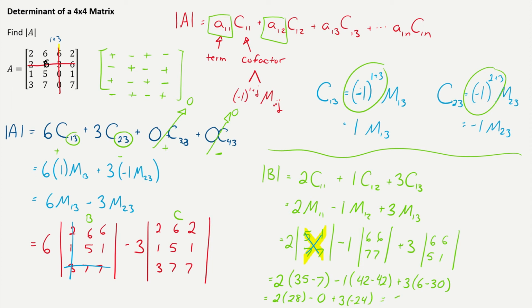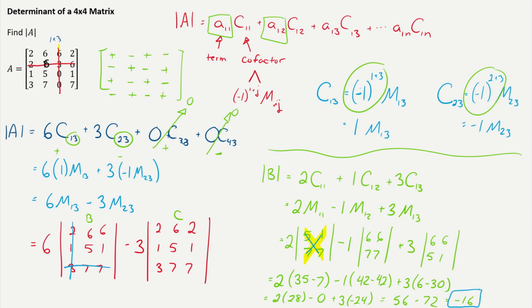Continue on, 2 times 28 is 56, minus 3 times 24, 72. So then I have 56 minus 72 is equal to negative 16. So I just found the determinant of B is equal to negative 16.